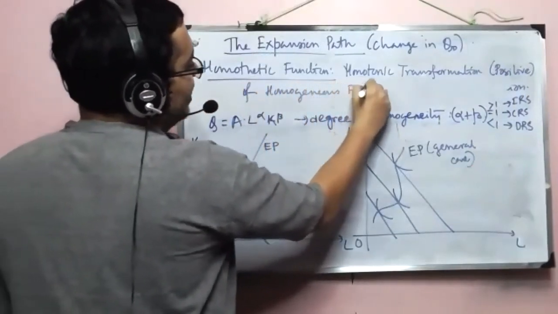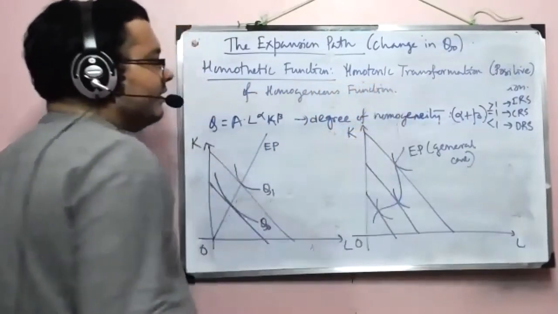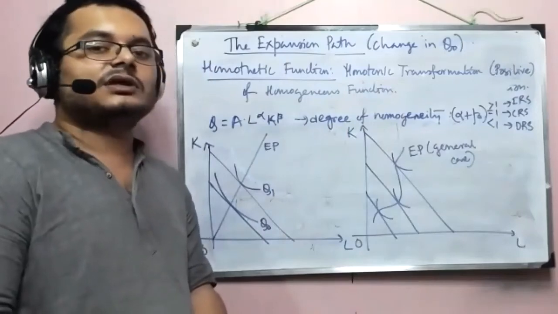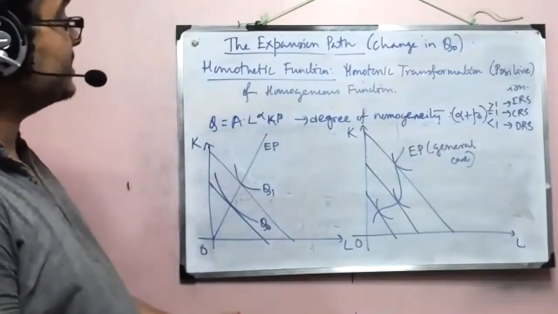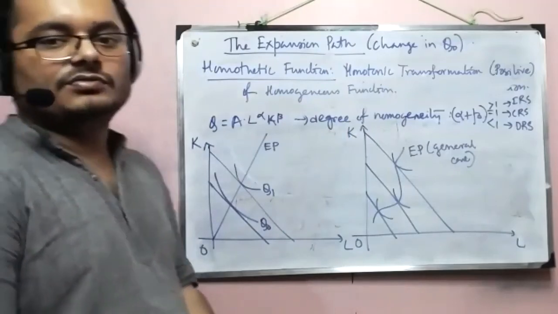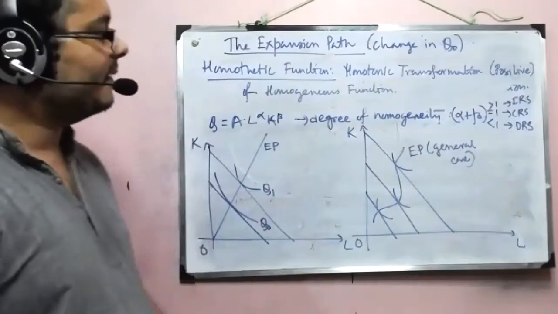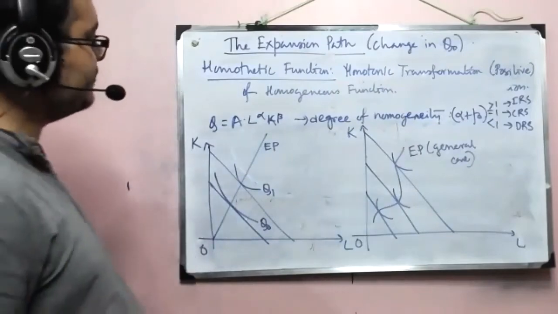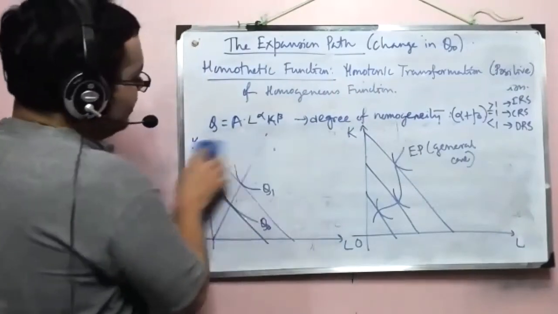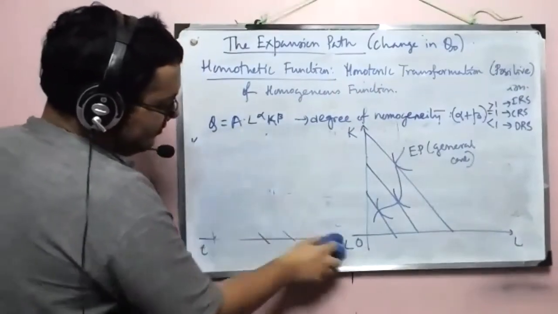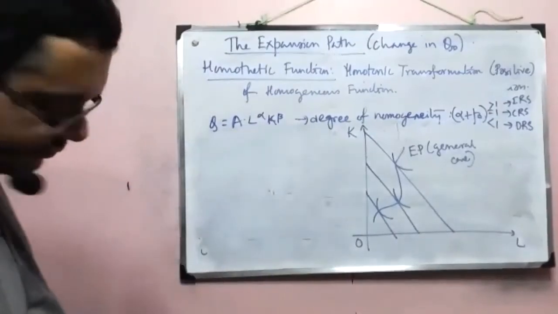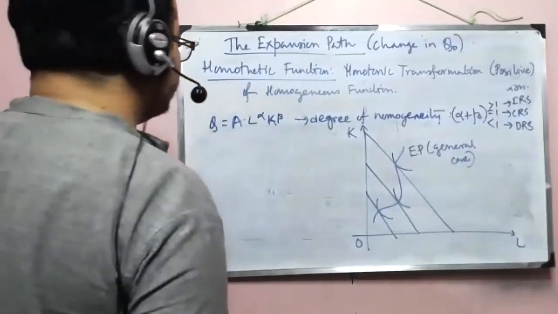We keep it positive because we are working in the purview of production. If I take a negative monotonic transformation, the function will become homothetic, but it will become meaningless, because the value of production will be negative. So a positive monotonic transformation of a homogeneous function gives us a homothetic function. What do we mean by a positive monotonic transformation?